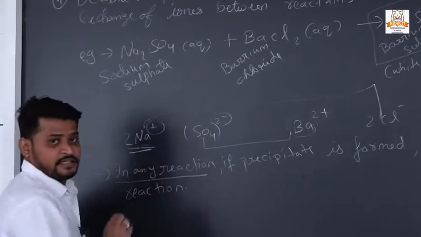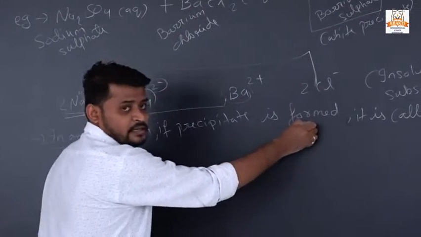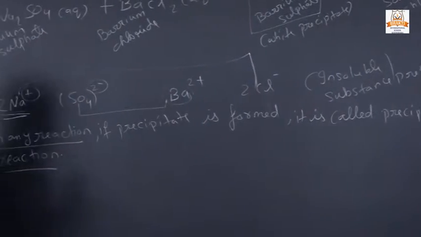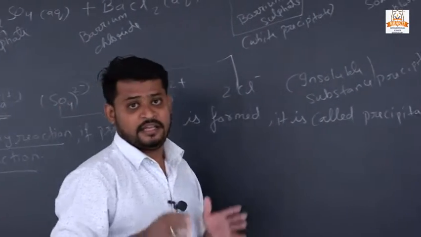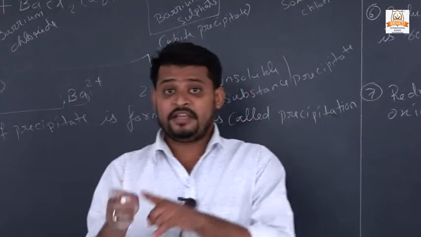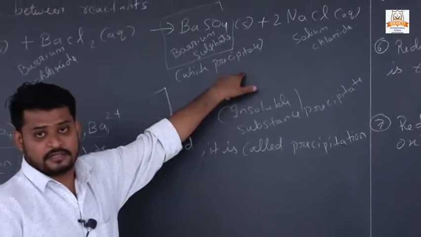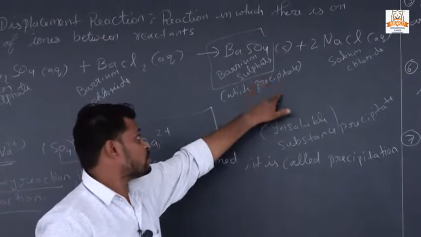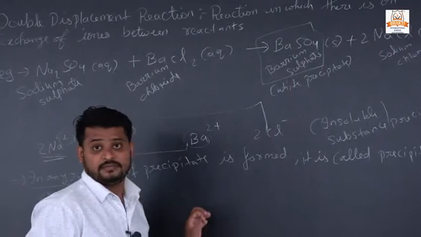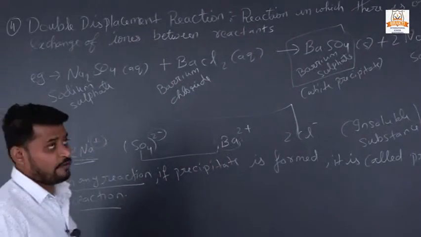In any reaction, if a precipitate is formed, it is called a precipitation reaction. In this reaction a white precipitate is formed, so it is called a precipitation reaction. This is our fourth type of reaction.